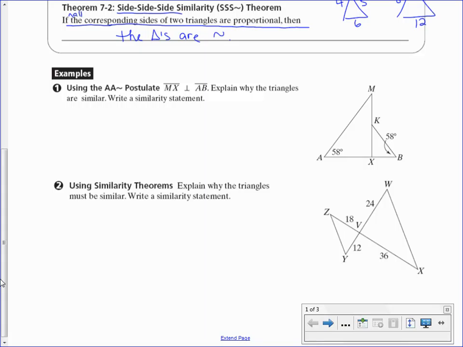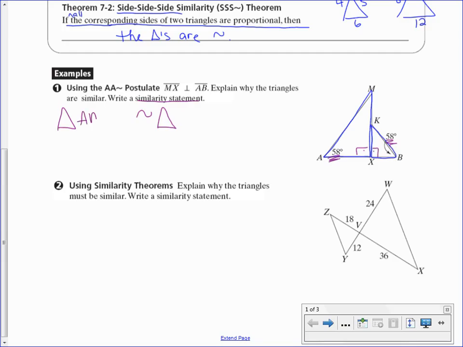So coming down here, using the angle-angle postulate, are these two triangles down here similar? Well, I have to figure out if I can find two pairs of angles that are congruent. Well, let's see. MX is perpendicular to AB, so I have a 90 and a 90, a 58 and a 58. As soon as you have two pairs of angles that are congruent, the triangles are automatically similar. So one triangle is similar to the next. My similarity statement is going to state them in the right order.